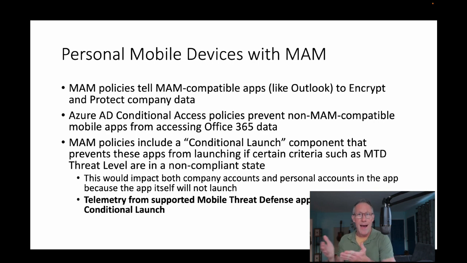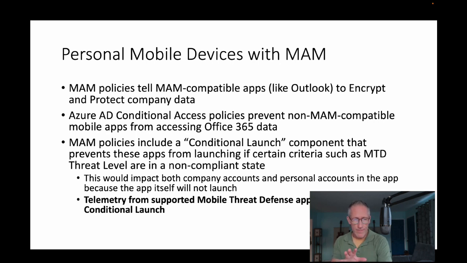So this is a half measure, and we use it for personal devices, and all we're doing is protecting company data that gets synced onto these well-known apps on the phone. We don't mess around with personal data, no other settings. We don't have any other control over the phone. All we're controlling are the apps that know how to work with these signals. Again, the usual suspects.